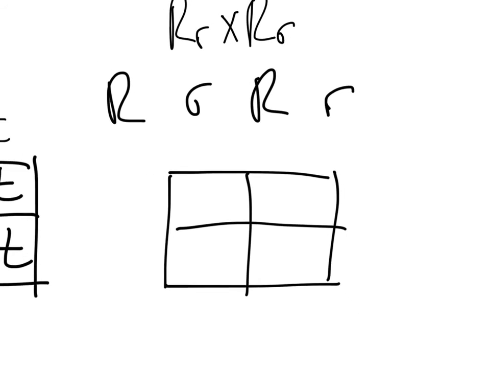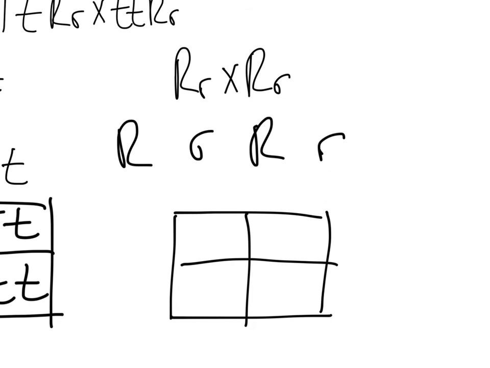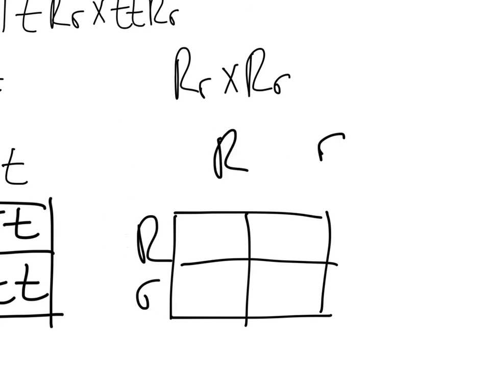These 2 are on this side, these 2 go on this side. We go ahead and fill in the Punnett square.